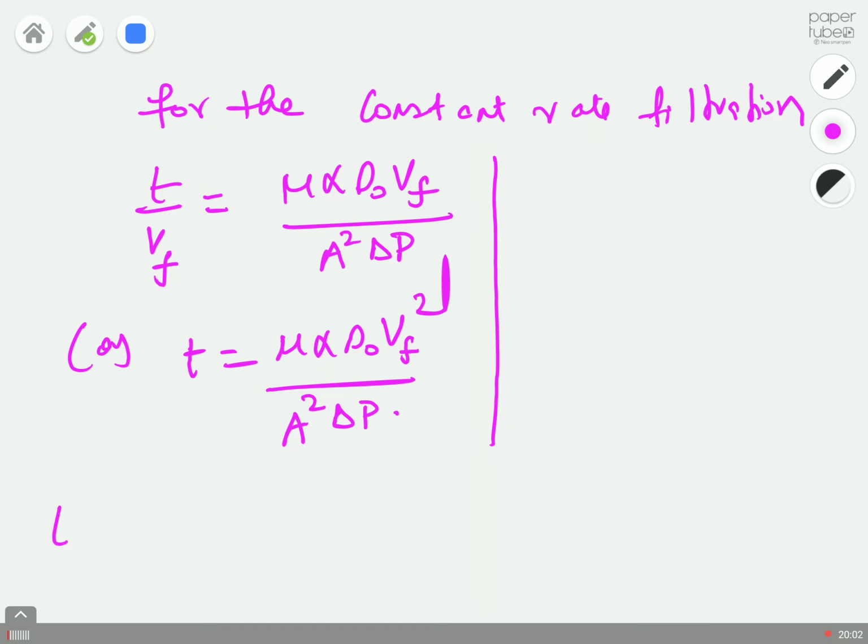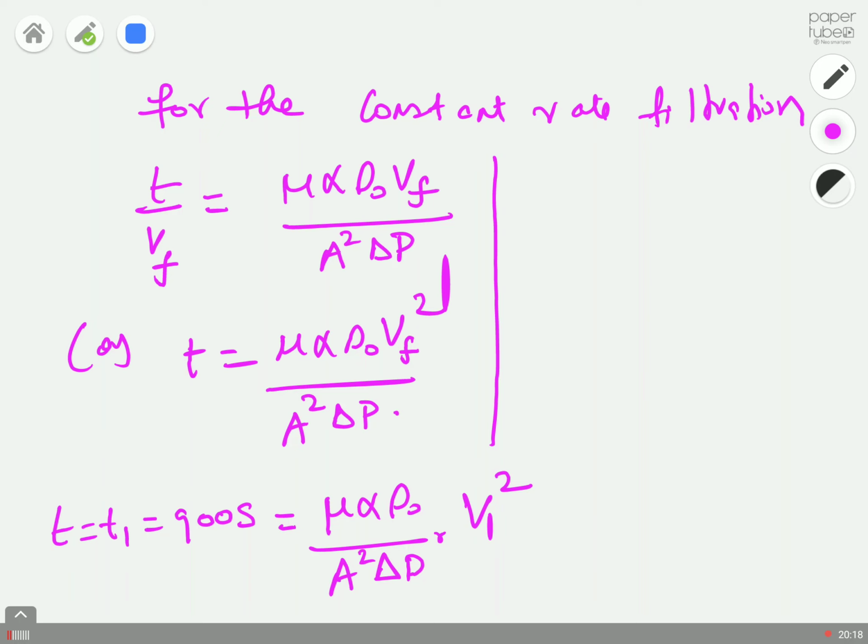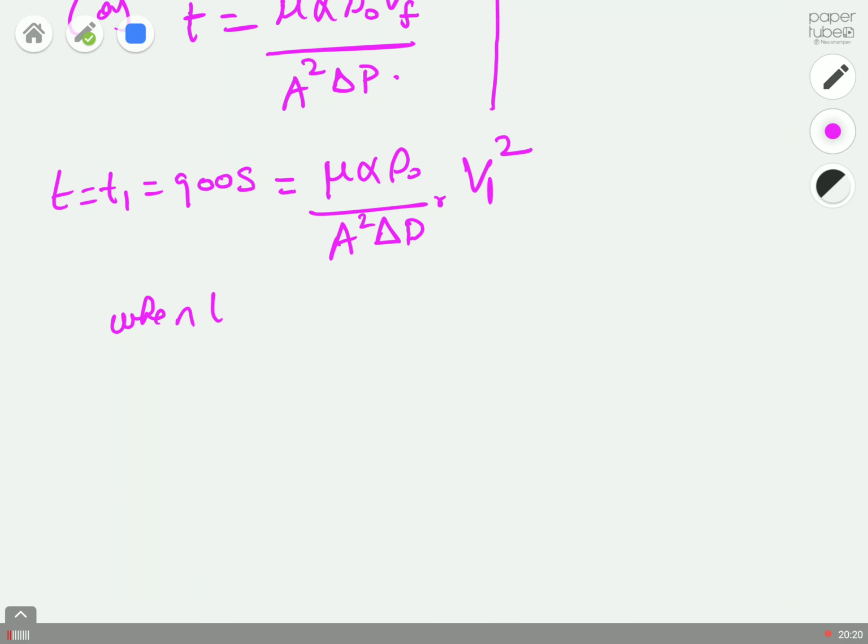And we know when t is equal to t1, which is equal to 900 seconds, this will be equal to mu alpha rho 0 divided by a square delta p multiplied by v1 square, because when t equals t1, the volume of filtrate that we collected is equal to v1.